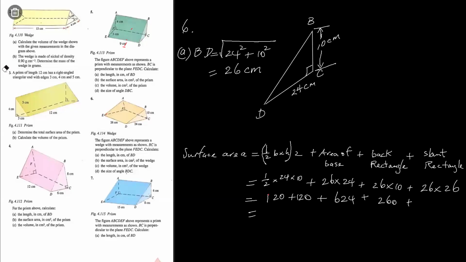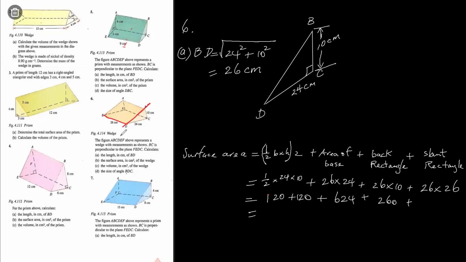Right? And of course, the slanted triangle, it would be ED and DB. That's the two lengths you're looking at. Everybody understands that? I just drew it on the triangle there.